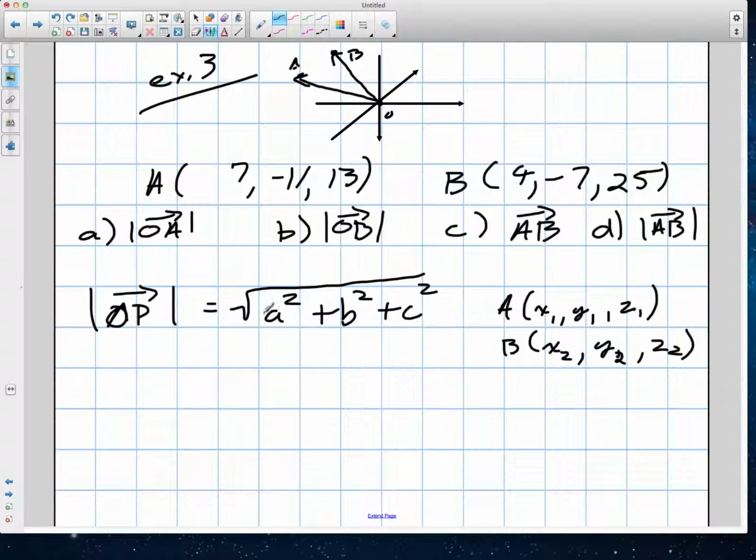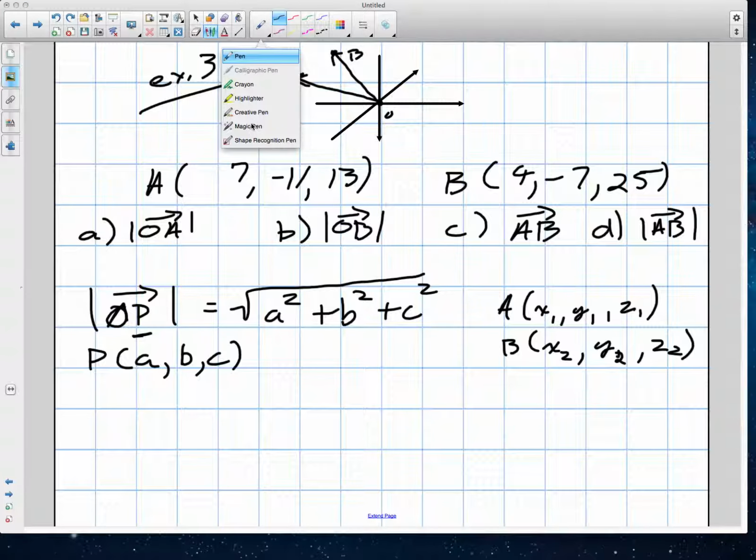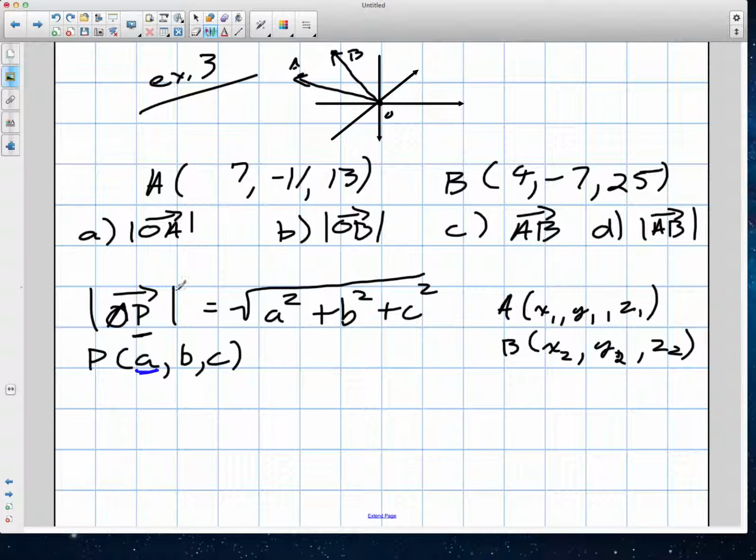So all that's saying is, in the position vector, let's say in this case, P is A, B, C. So we can just literally take the value of A, our position vector, plug it in, square it, then B, square it, and then square root it to find the absolute value of going from the origin to that position.